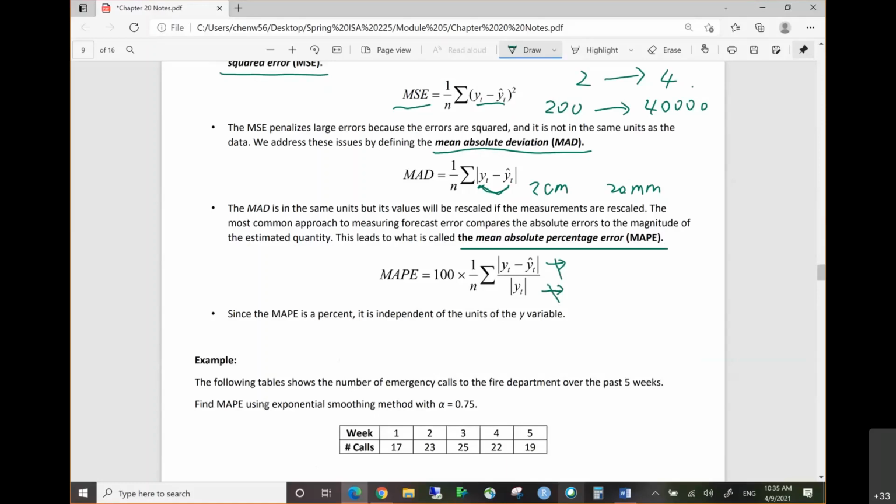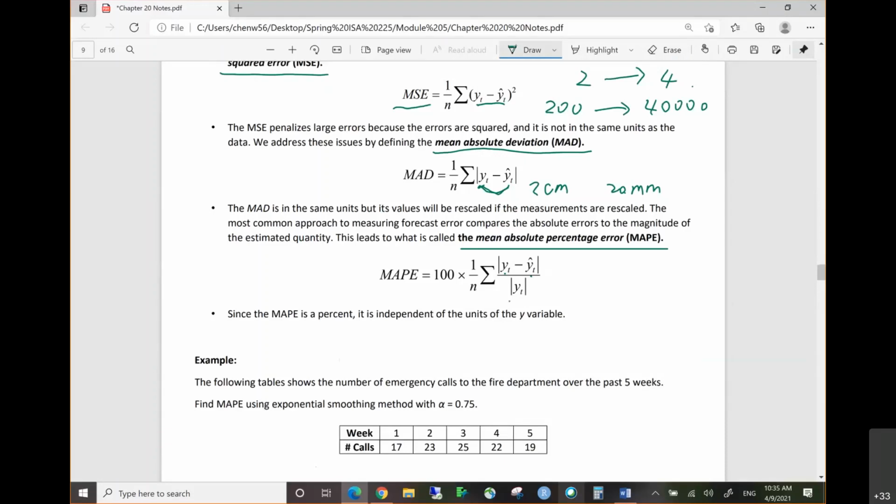So for each observation, we find the observed value of y minus what you predicted, take the absolute value to make it positive, and then divide by what you observed.